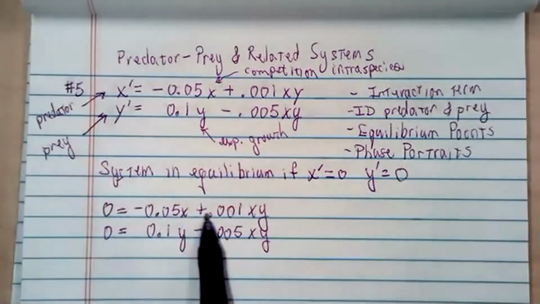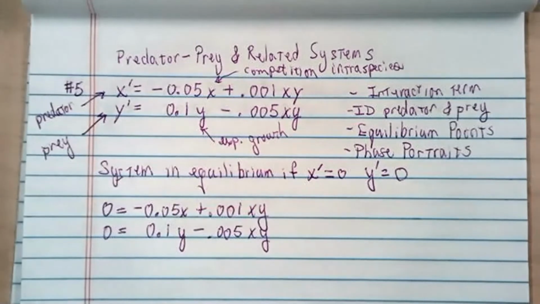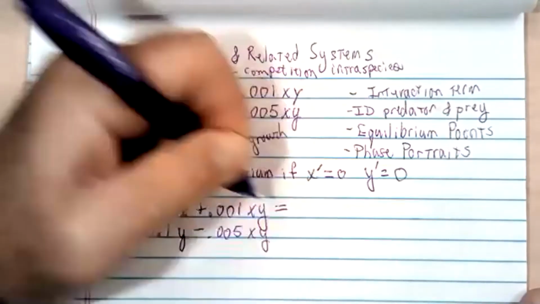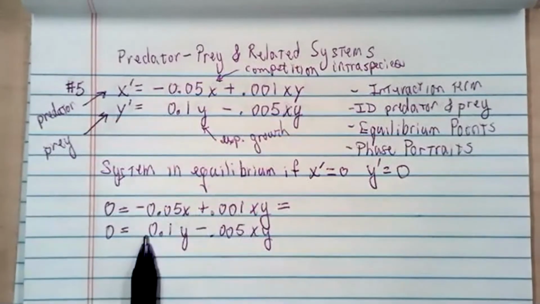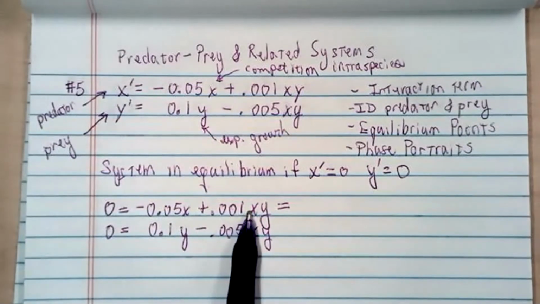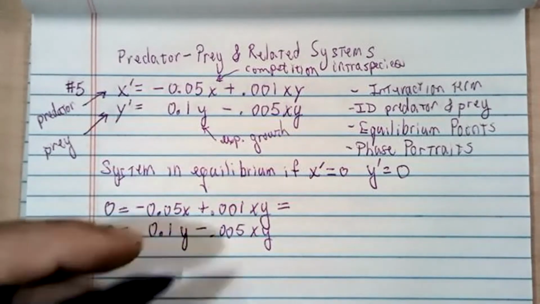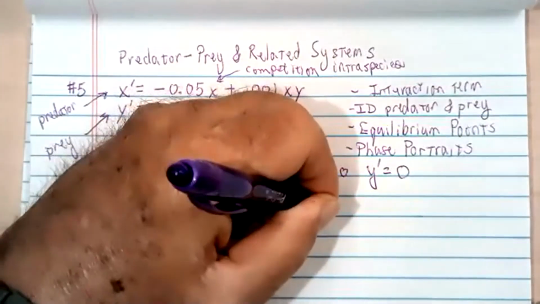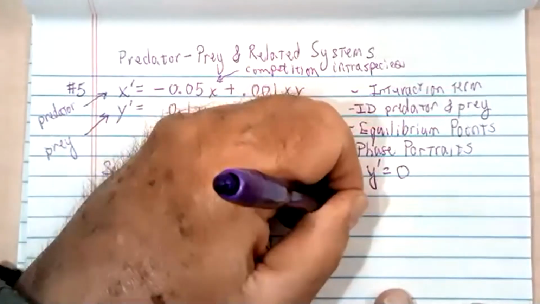And I notice on this one, there is a common factor of X. On this one, there's a common factor of Y. So I'm going to take that out, but these are pretty inconvenient coefficients. So what I'll do on both of these lines is just scan for the smallest one, and I'll divide that out. So I'm going to divide out 0.001, which is to say I'm going to multiply the rest of it by 1,000 and take off the X.